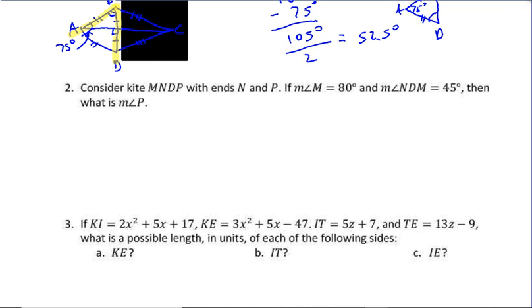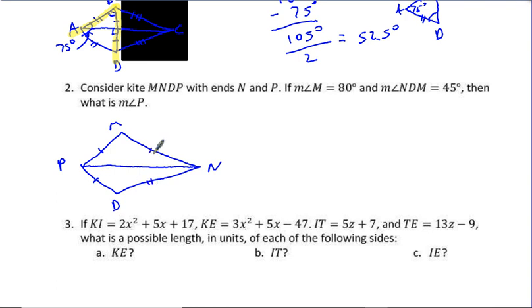Example 2. Consider kite MNDP with ends N and P. So again, we should draw that kite. P, M, N, D. My symmetry line is showing the ends, tells me this side is congruent.